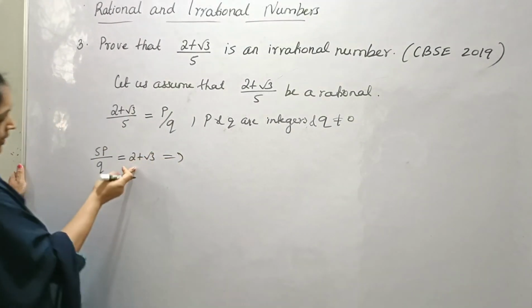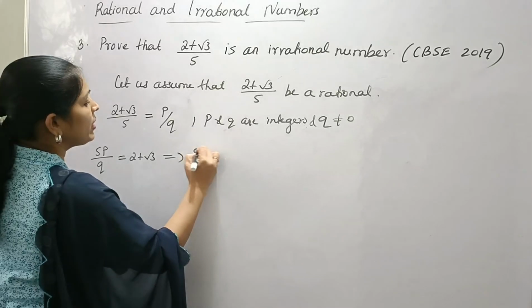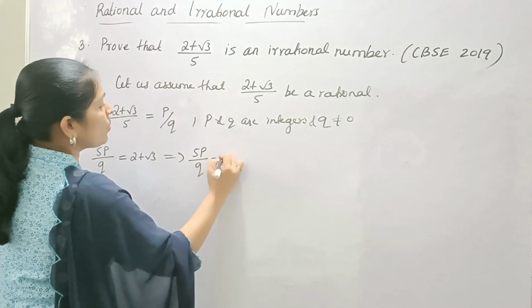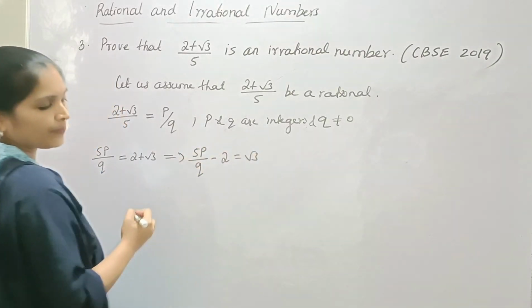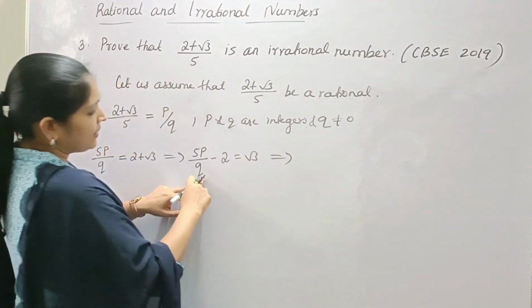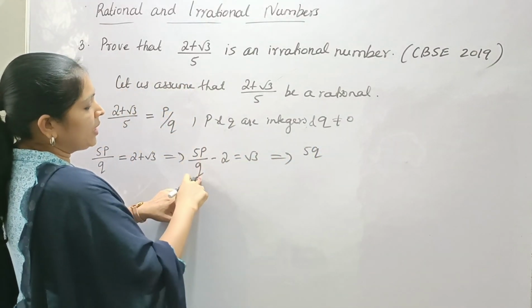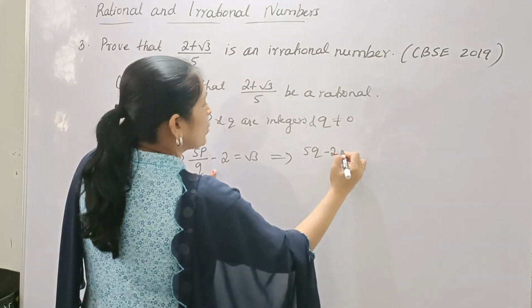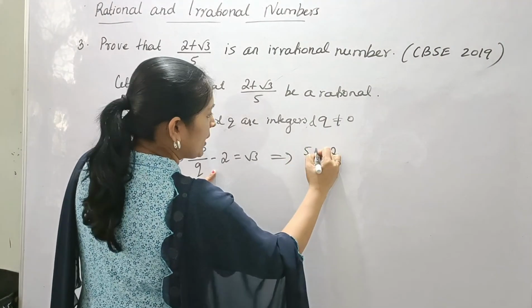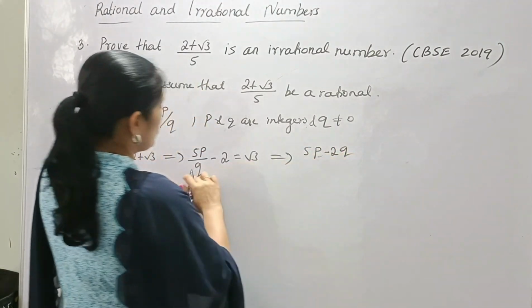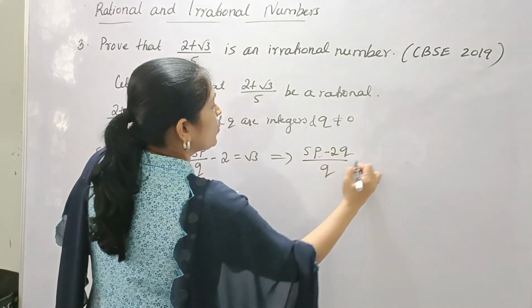That implies, take 2 to the left side, so 5p divided by q minus 2 is equal to root 3. Taking LCM, (5p minus 2q) divided by q is equal to root 3.